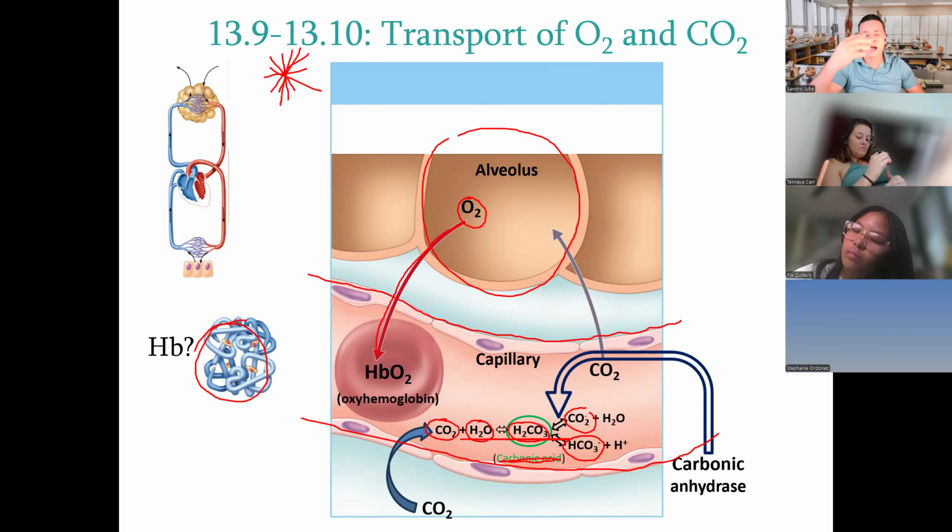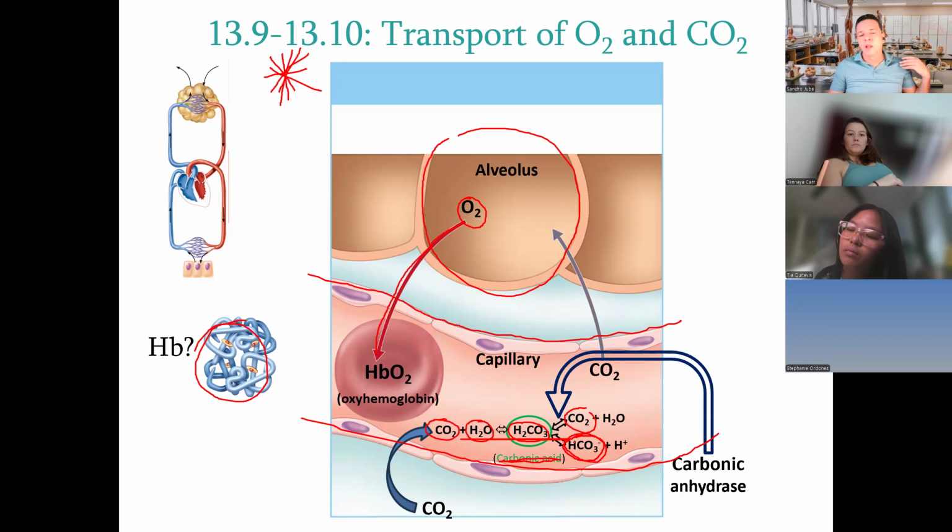So CO2 binds with water, forms carbonic acid. Carbonic acid breaks down into CO2 and bicarbonate, HCO3 minus. So again, most of our CO2 in the blood doesn't travel as CO2. It either travels as carbonic acid or it travels as a bicarbonate, HCO3 minus right here.